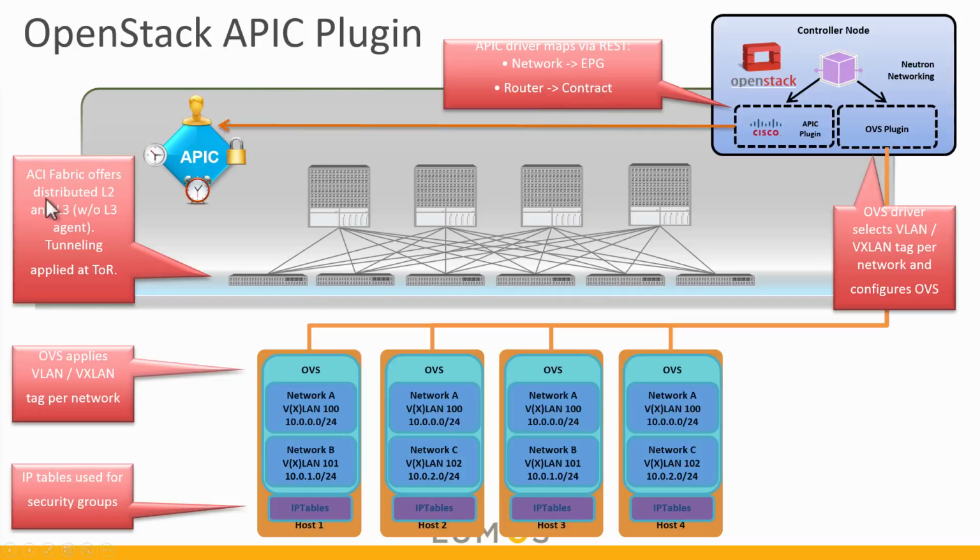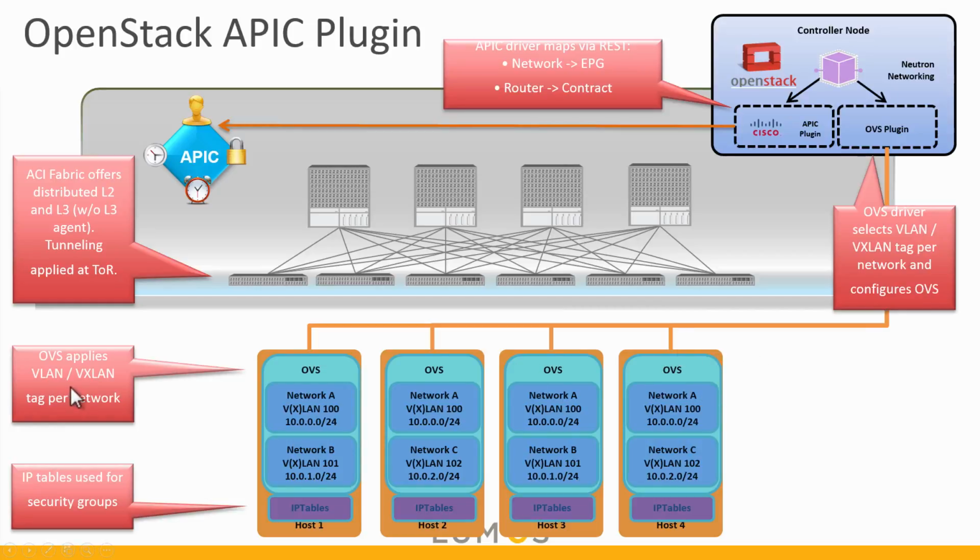The ACI fabric is going to offer our distributed L2 and L3 without the need for an L3 out agent, and this is going to be applied at the top of rack. The OVS driver in OpenStack Neutron selects the VLAN or VXLAN tag per the network configuration, and it automatically configures OVS through the OVSDB protocol.